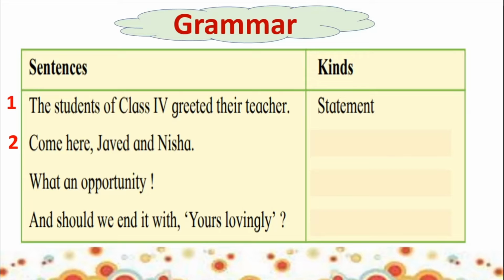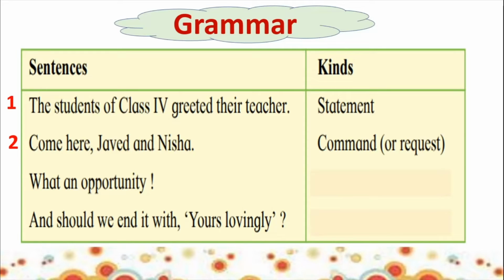So what kind of a sentence is this? This is a command, or you can also call it a request. Sometimes it could be a command, sometimes it could be a request. Okay, so this is the second kind of sentence, a command or a request.